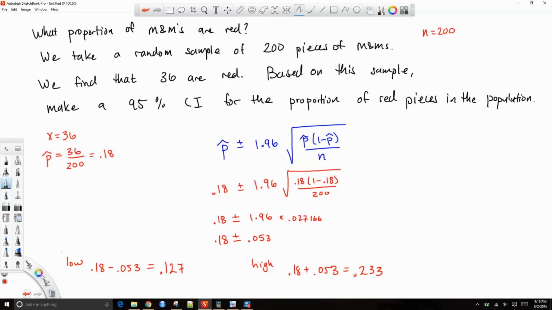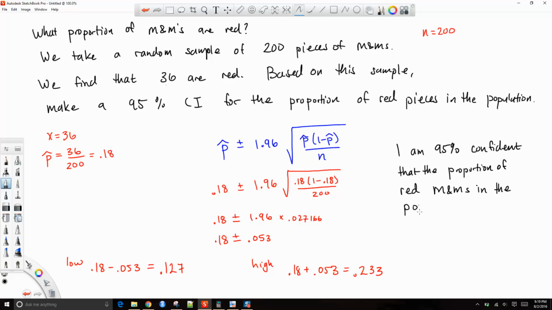Okay, and so what we say is we write something like, I am 95% confident that the proportion of red M&Ms in the population is between 0.127, so basically a little under 13%, and 0.233, a little over 23%.